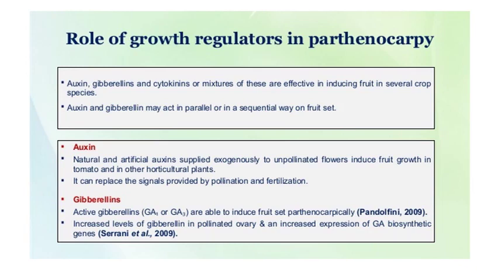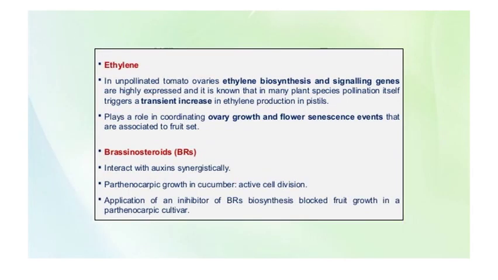Gibberellins are also able to induce fruit set parthenocarpy. It increases the level of gibberellin in the pollinated ovary and increases the expression of gibberellin biosynthetic genes. Next we talk about ethylene.